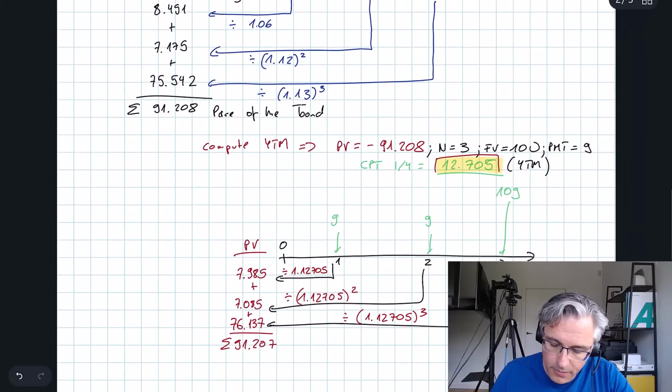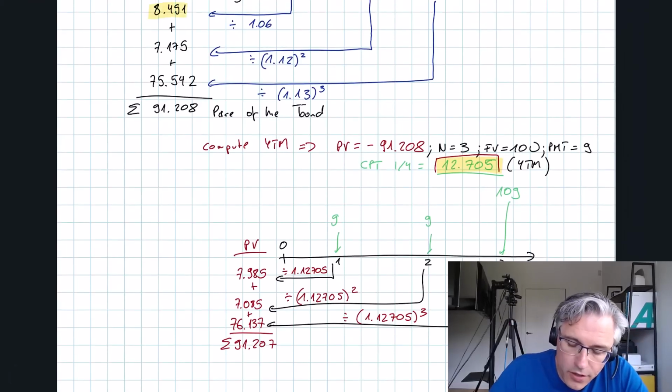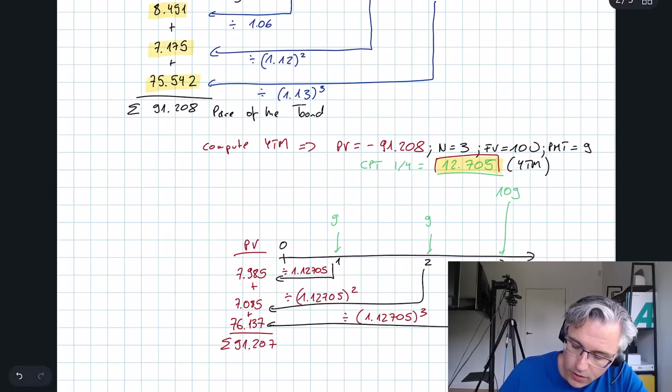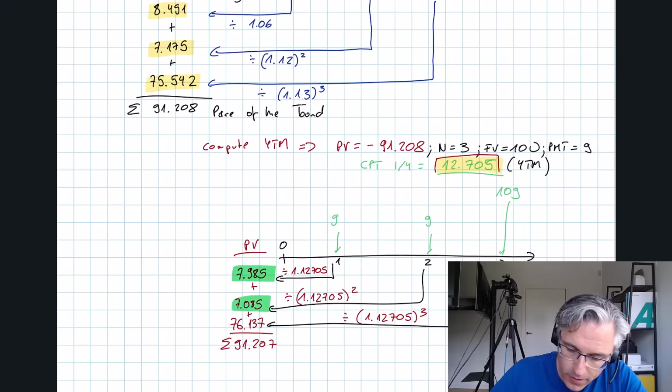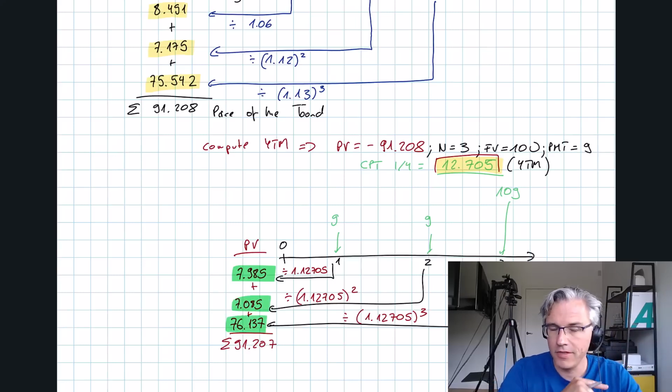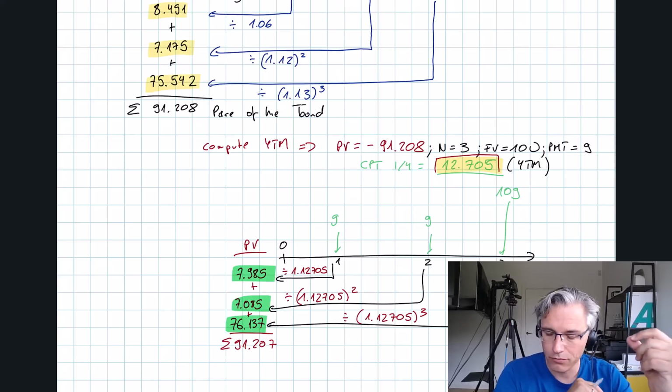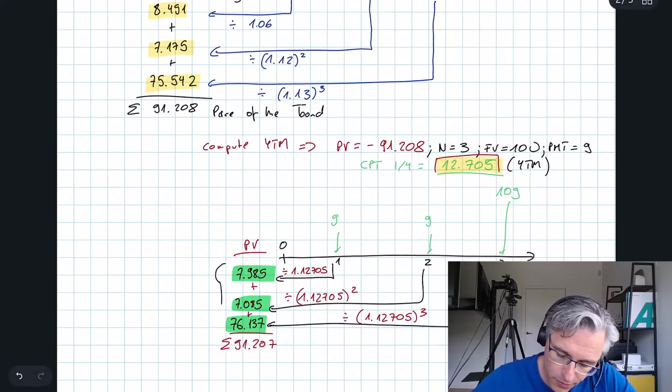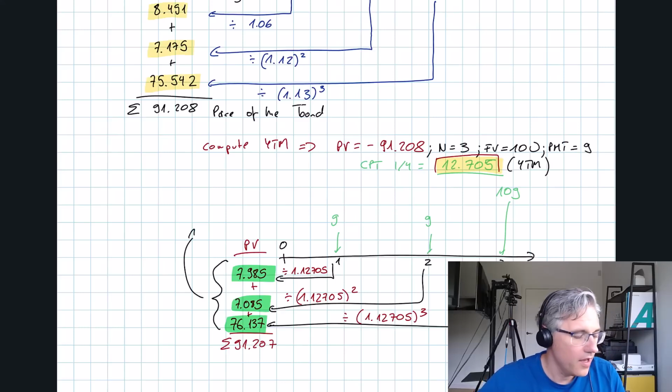Let's make the screen a little bit smaller. When discounting with individual spot rates, we got distinct PVs for every cash flow, and the PVs we got now when discounting with the YTM were each different to the PV for that cash flow when using the specific spot rate. My computer wants to very much correct my shape drawing here.